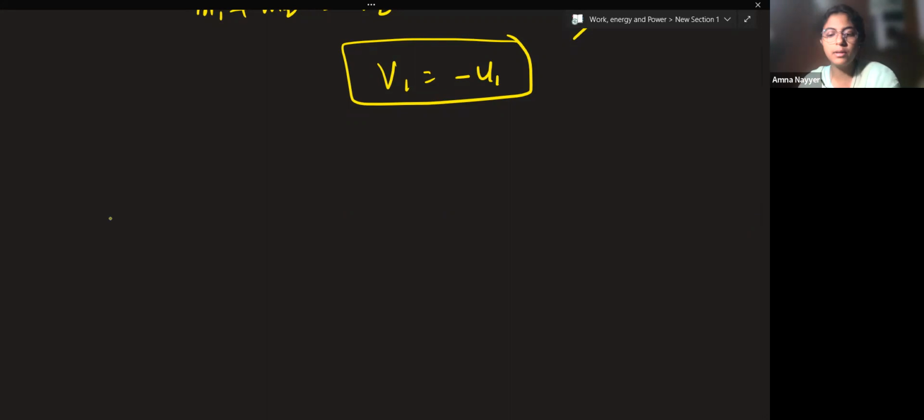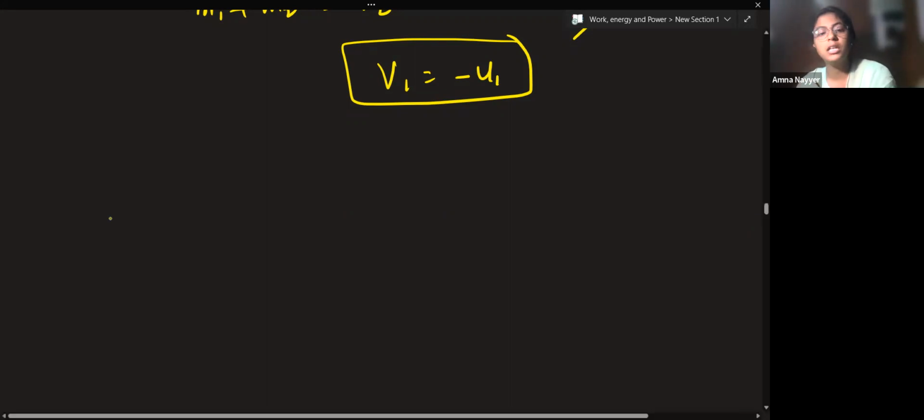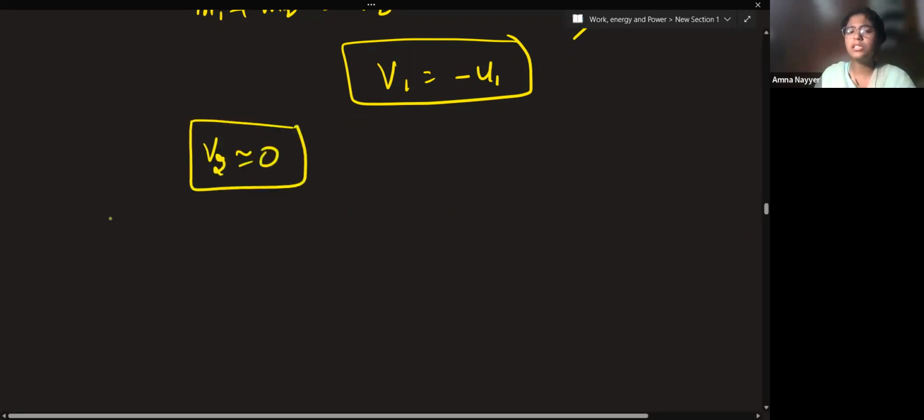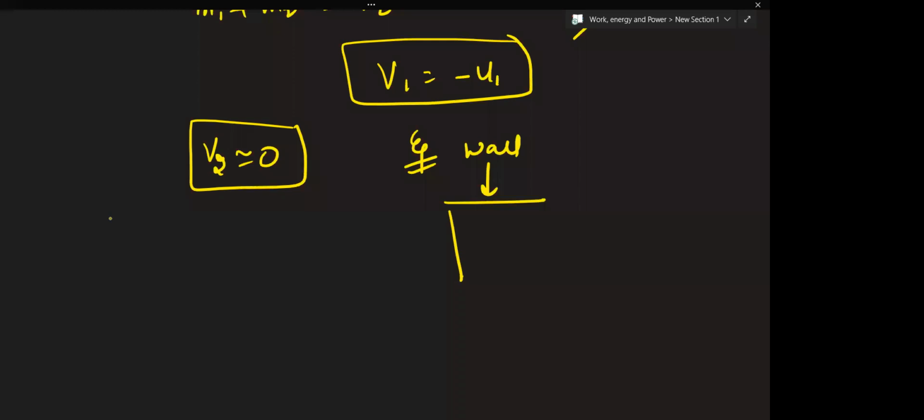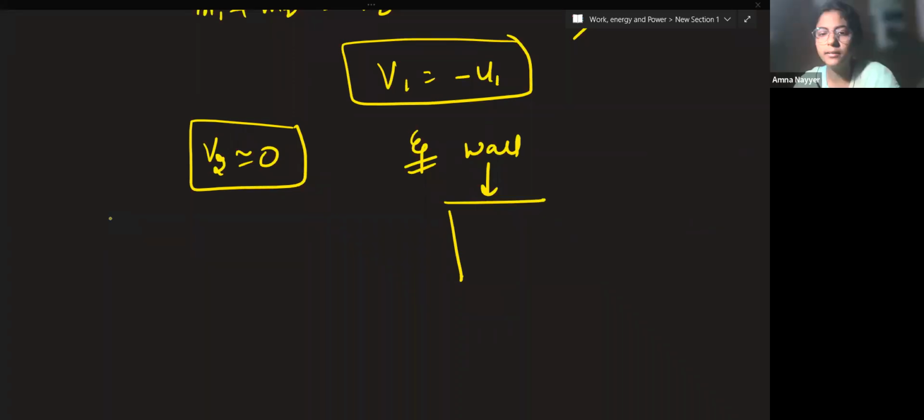Also, the same thing will occur in the case of the second. V2 will always remain 0. Why will V2 remain 0? Because it's like a big wall is there. You can take the example of a wall, and on this big wall, a very, very small ball has collided.